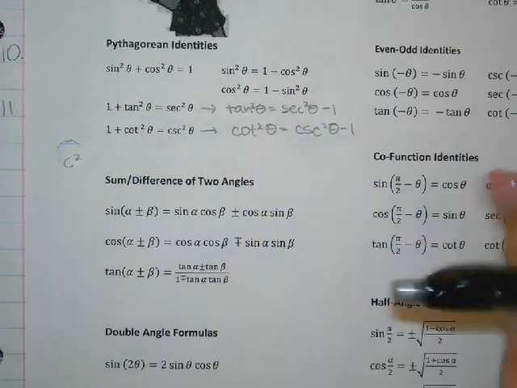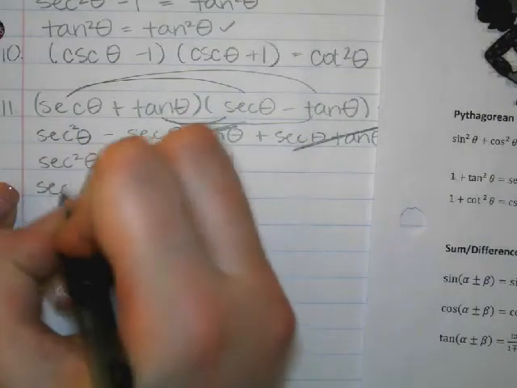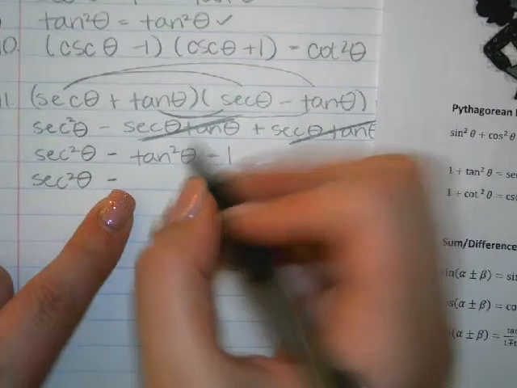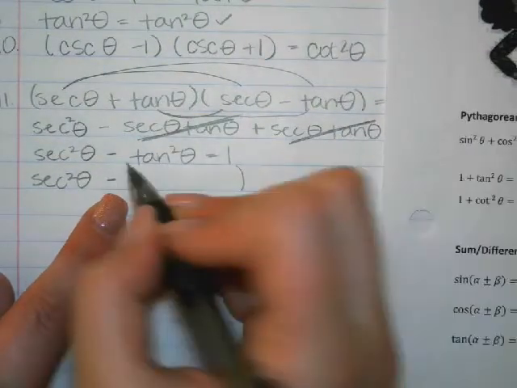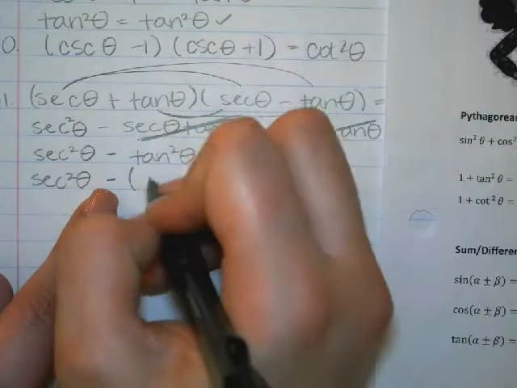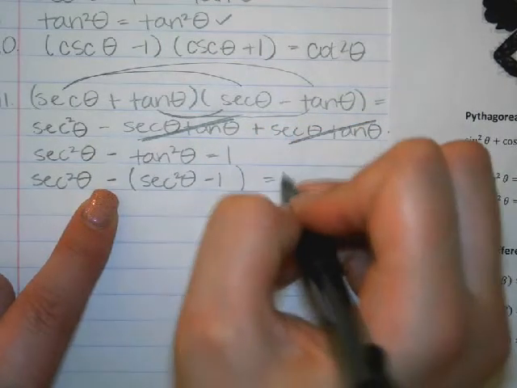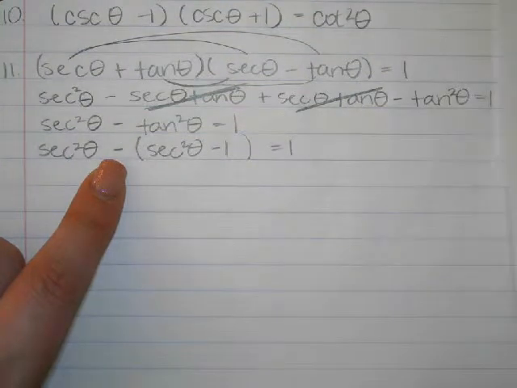Mm-hmm. Yeah? Okay. So if I take the tan, I'm going to say secant squared, keep that one there, minus, and since I'm taking tan and I'm replacing it with two things, I need to put it in parentheses, because I need to make sure that that negative goes to each thing in the parentheses. So my tan is being replaced with secant squared minus 1. And then what do I do to get rid of those parentheses?